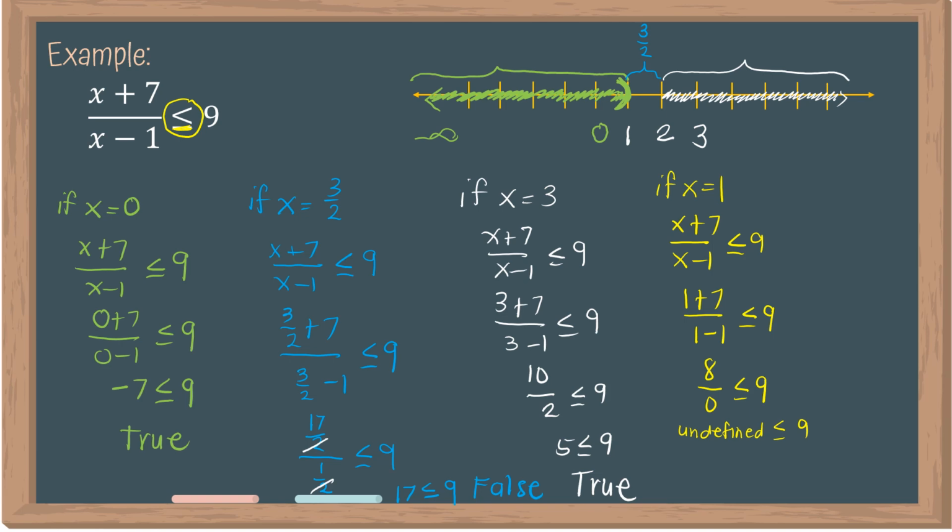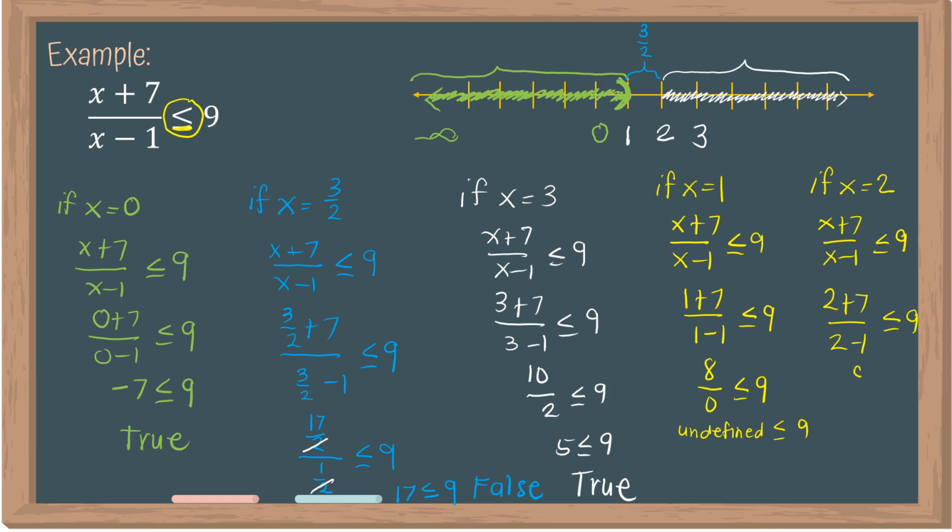Okay? And then, for the second critical value, if x is equal to positive 2, again, substitute tayo, (x + 7)/(x - 1) ≤ 9. So, we have (2 + 7)/(2 - 1) ≤ 9.